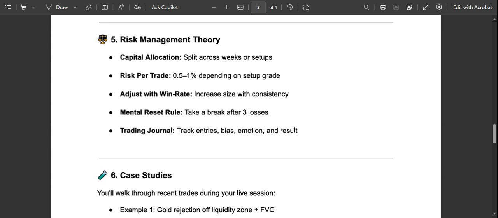And you have to keep a trading manual, or trading journal. Normally, most of us don't have even a single note or exercise book that we use to track our entries, our bias, our emotions and results. For every trade that you take, you need to give yourself a specific reason.